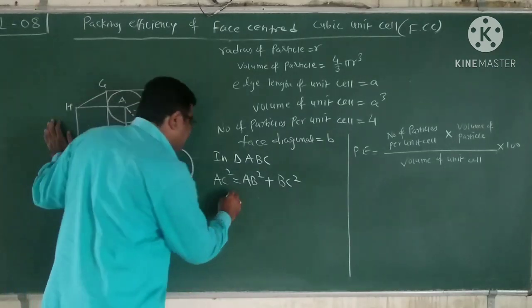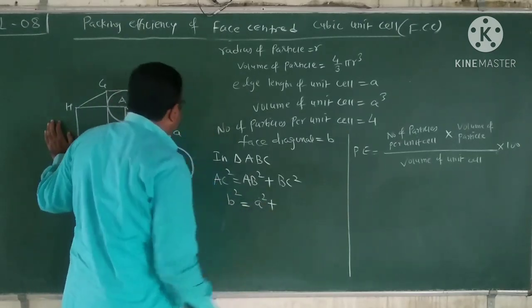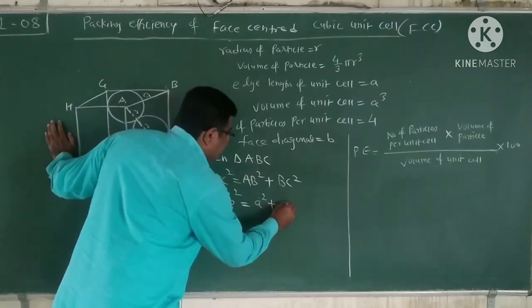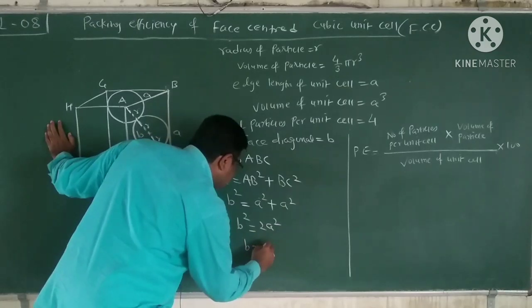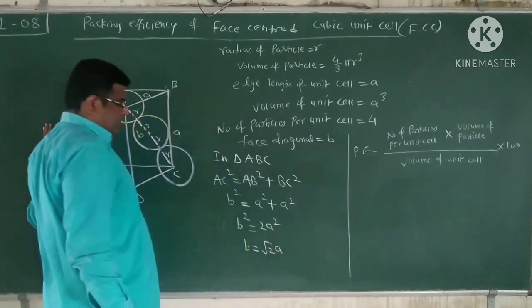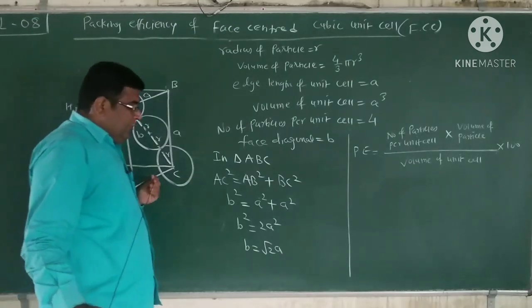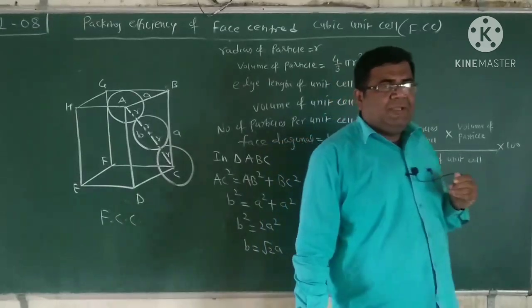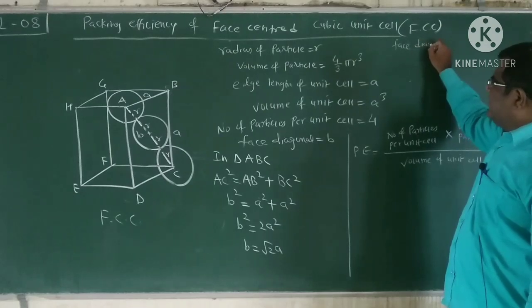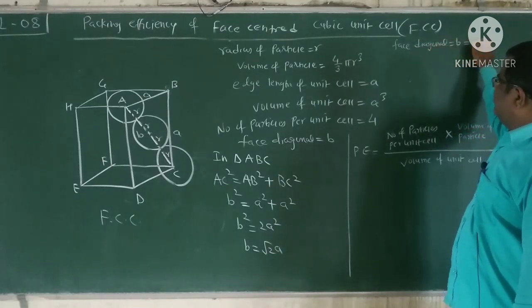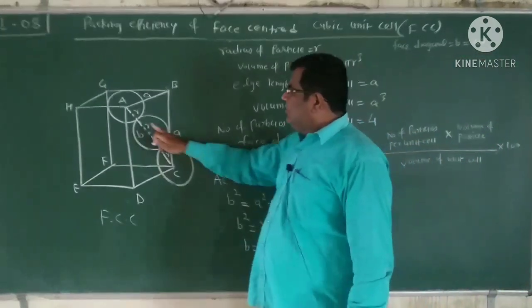AC square is B square. AB square is A square. BC square is A square. So B square is equal to 2A square, and that's why B is equal to square root of 2 times A. So we have calculated the value of B. Now we can mention here the face diagonal B equals 4 times the radius, isn't it?